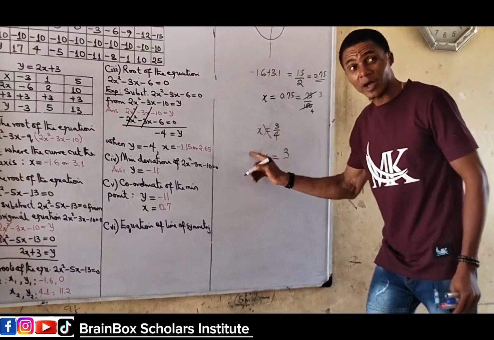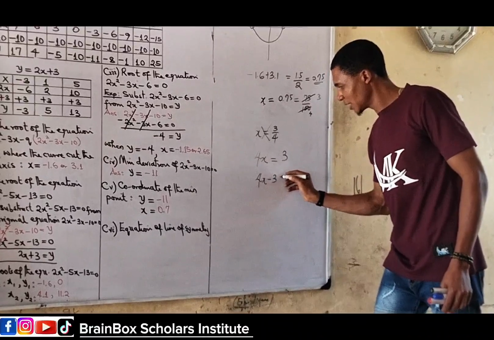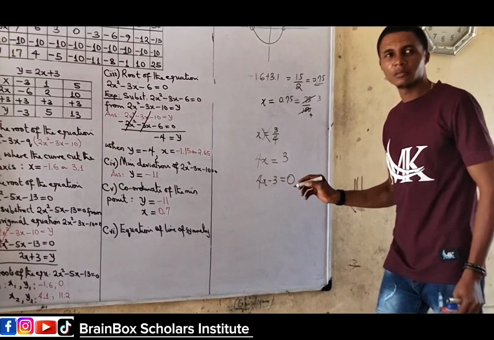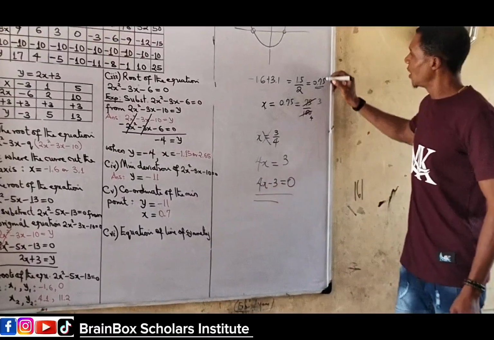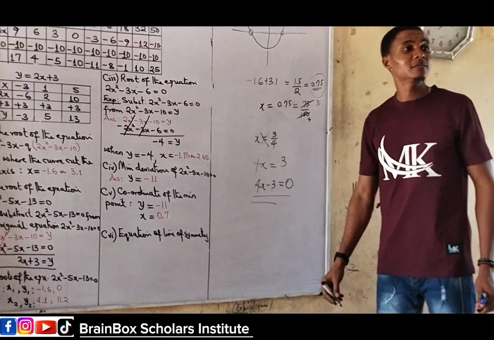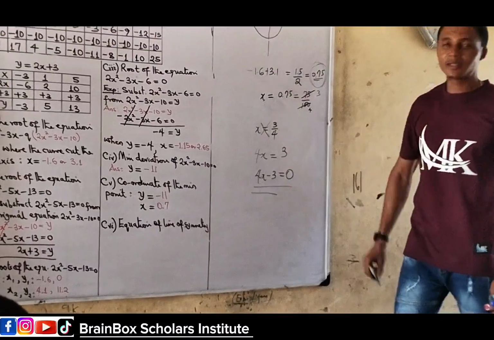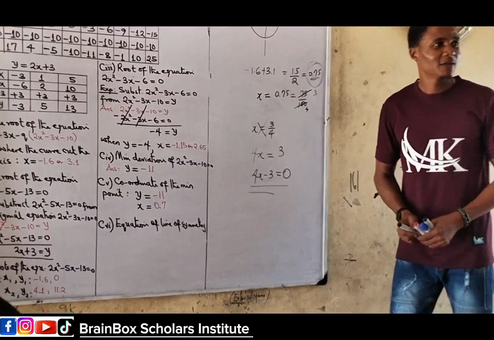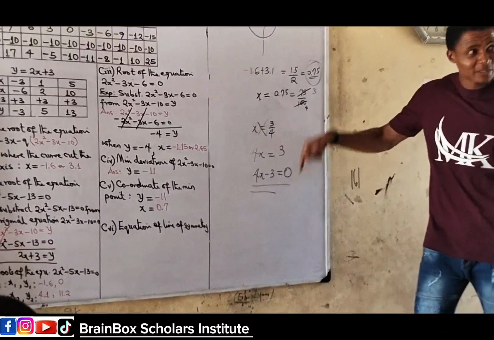If 3 crosses over, it becomes 4x minus 3 is equal to 0. If you go to your first statement, this is what you'll be saying. You will not be saying this, but this means the same thing as the equation of the line of symmetry.